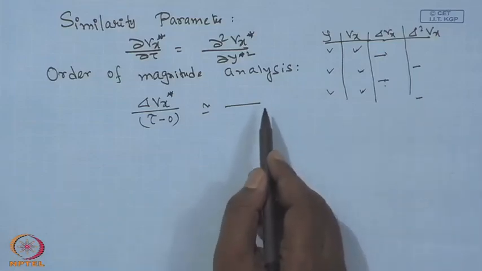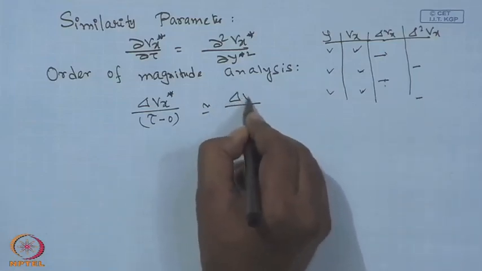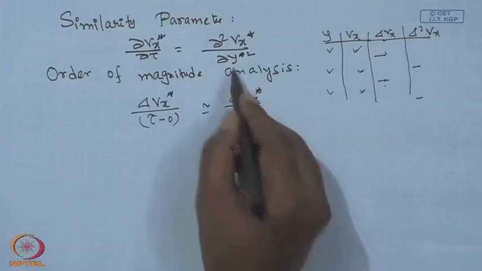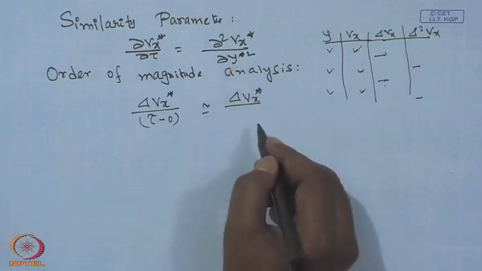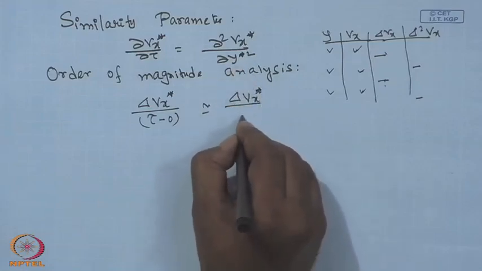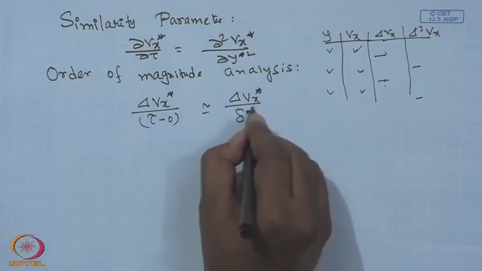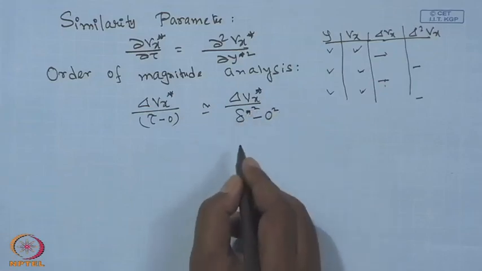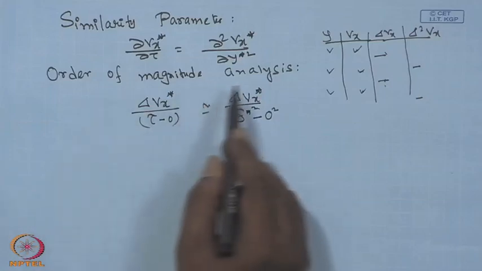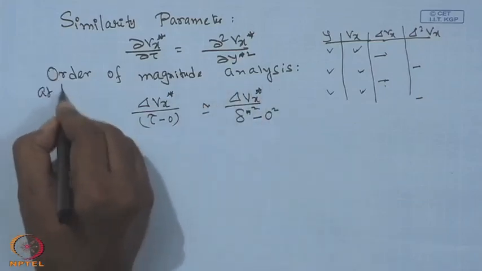So, it is also some kind of delta V x star, and delta y star square is at the edge of the boundary layer, so it will be delta star square minus 0 square. So, we do an order of magnitude analysis at the edge of the boundary layer.